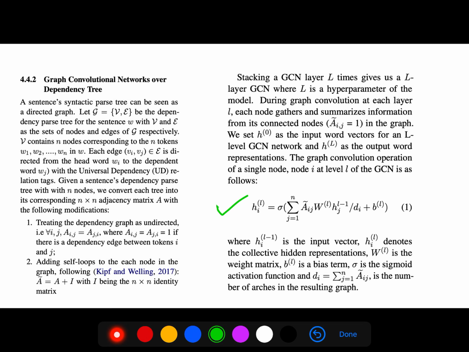So we use this graph convolutional network, but the important thing is we just get the adjacency matrix using dependency parse information. You can use Stanford CoreNLP, you can use Allen Institute for AI, you can use spaCy, you can use SciSpacy, you can use many libraries for dependency parse. Each one has pros and cons, but it's freely available.